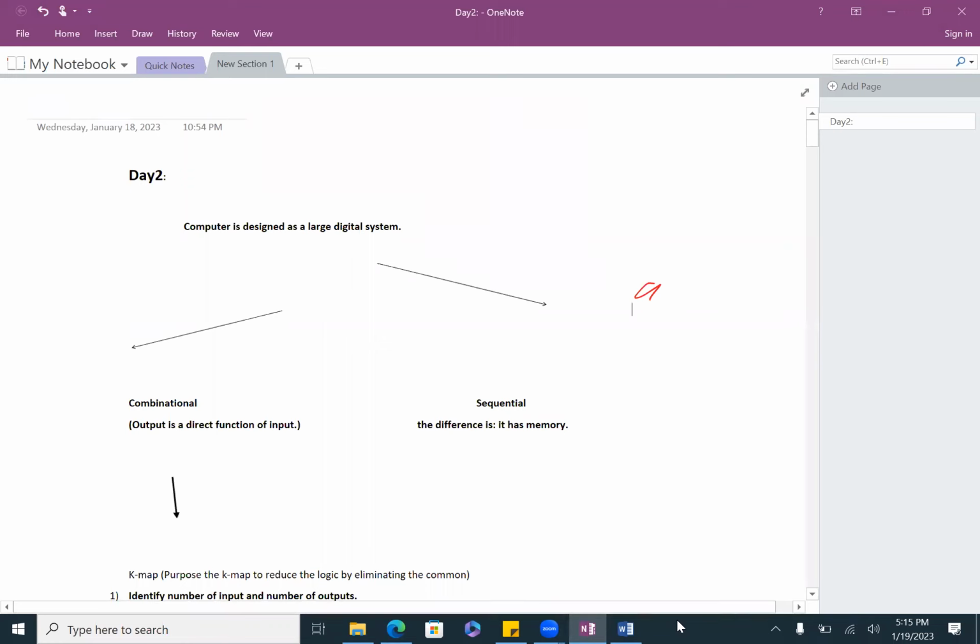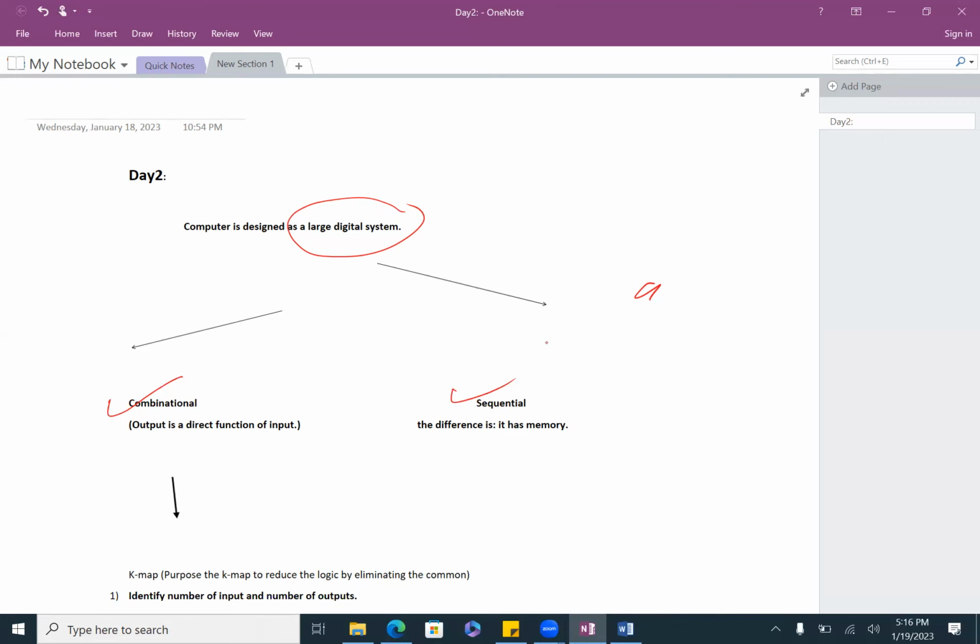All right, so why did we say the computer is a large digital circuit? Because we will use combinational circuit and sequential. And we said we'll cover the combinational circuits and we'll do some designs. And we will see how we can reach our goal. What's our goal in this course?